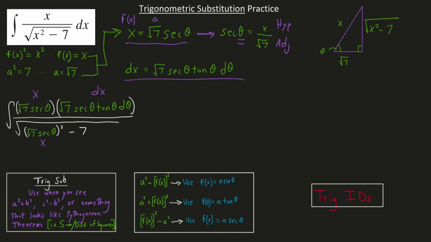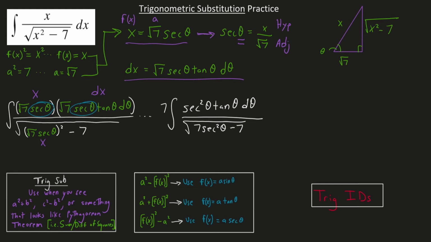Alright, so I threw it all in there. And of course, we want to clean this up, simplify as best we can. So I know a radical 7 here times a radical 7 here will just make a 7, which I'll move to the outside of the integral. I also took these secants and multiplied them by each other to make a secant squared of theta.